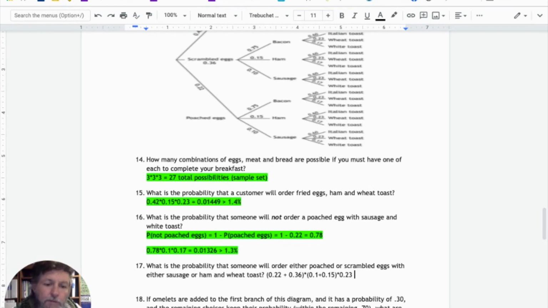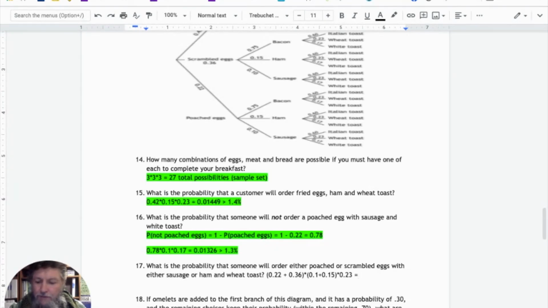All right, and we'll put that into the trusty calculator, remembering that we don't have parentheses on this. Some of them, yeah, we do. So we have 0.22 plus 0.36, and we'll end that with a parentheses, and we'll multiply that times another parentheses.